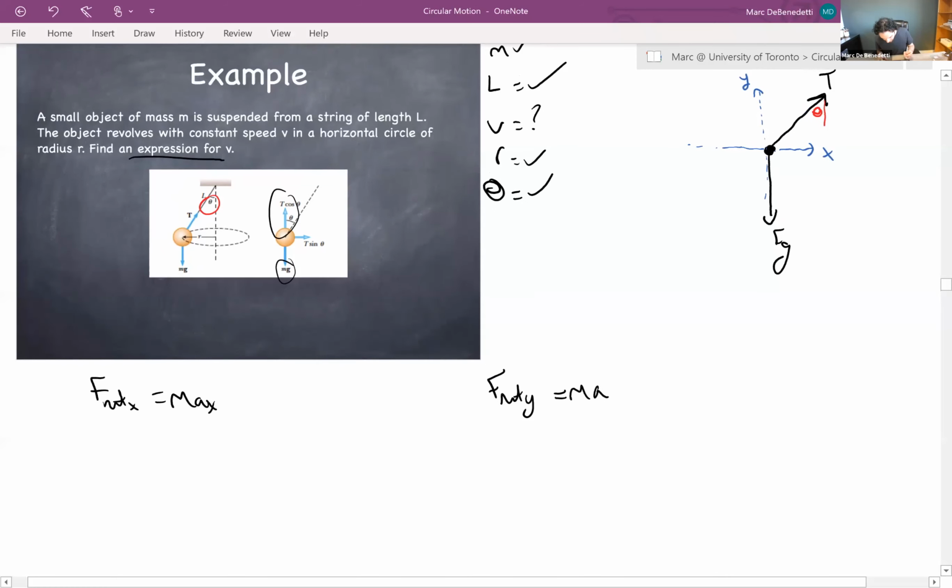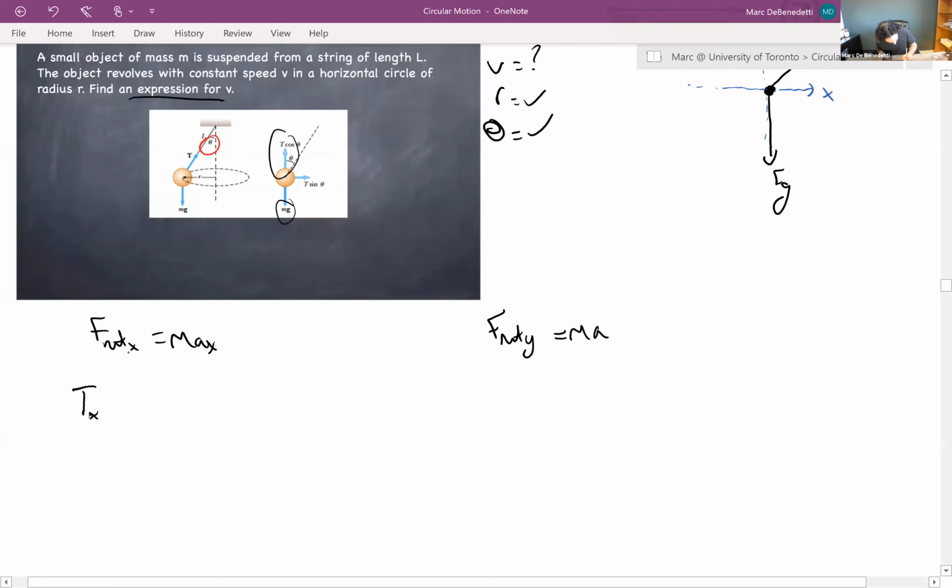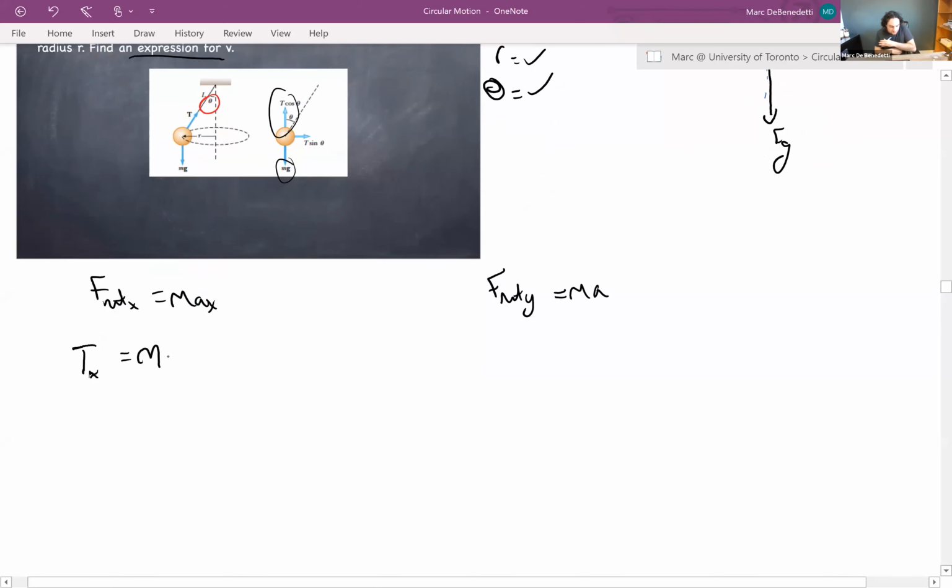So F net in the x direction: I have a component of my tension in the x direction. So that's going to be T in the x direction equals m times the acceleration. This object is traveling in a circle, so the acceleration is radially inward, a centripetal acceleration.